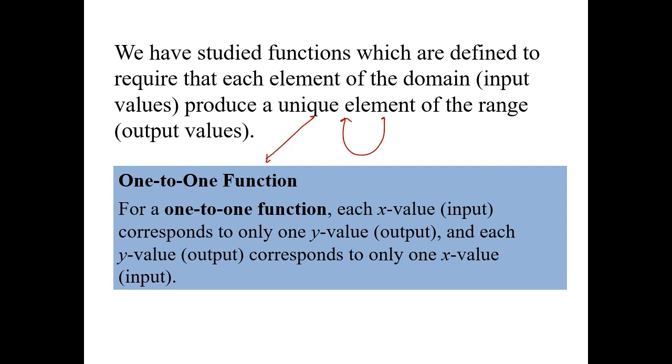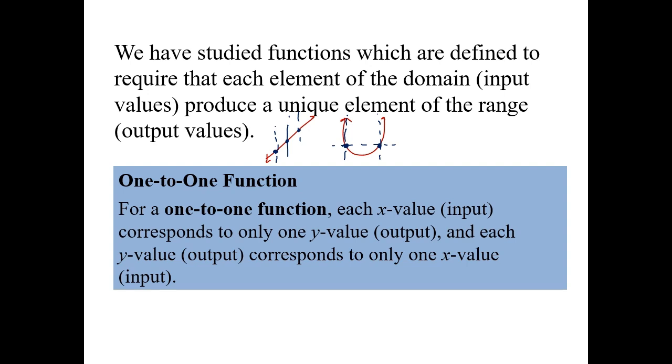So if I pick any point on this line, we can see that every x value, the horizontal part, only has one y value that matches. Even when we talk about a quadratic, which has this U shape, every x value corresponds with only one y value, even though this y value happens to show up more than once. That's okay to have a function.